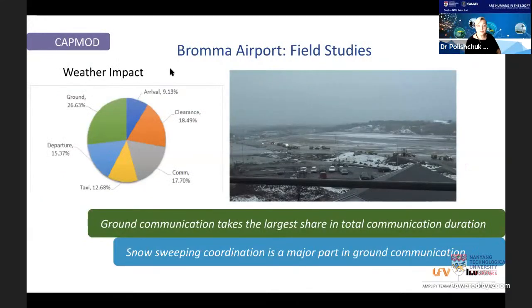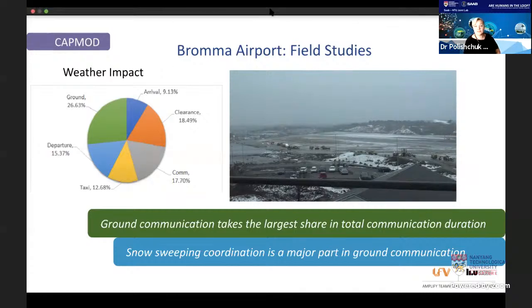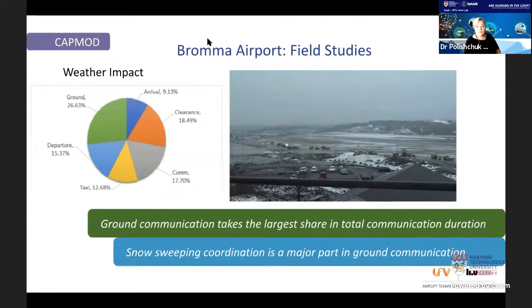Okay, so the last question which we answered in this project was how the weather actually impacts controllers' workload. We noticed that during the field studies at Bromma, when we observed these snow sweeping procedures, a very large part of the communication duration in the communication split was devoted to ground communication, and this was due to snow sweeping.